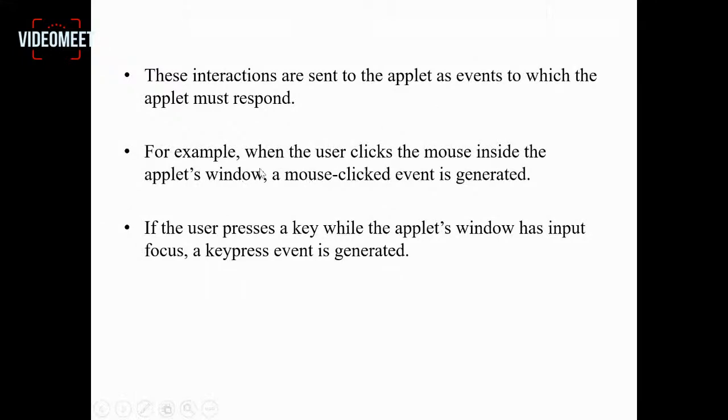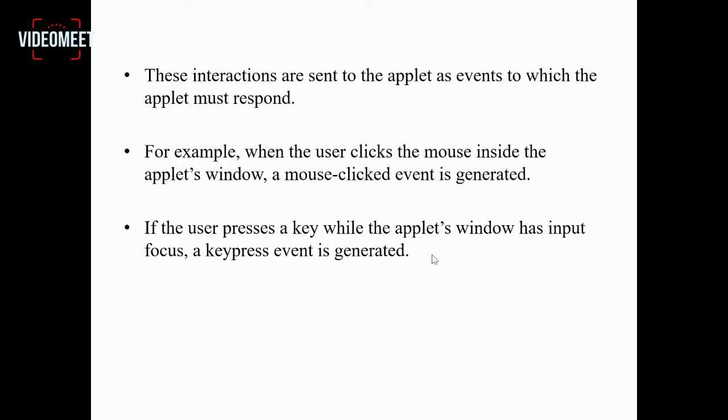So, for example, when the user clicks the mouse inside the applet's window, a mouse clicked event is generated. Right? So when he releases the mouse button, then a mouse released event will be generated. So in that way, each and every action that the user can perform will have some event name, and the applet will be notified with that particular event.